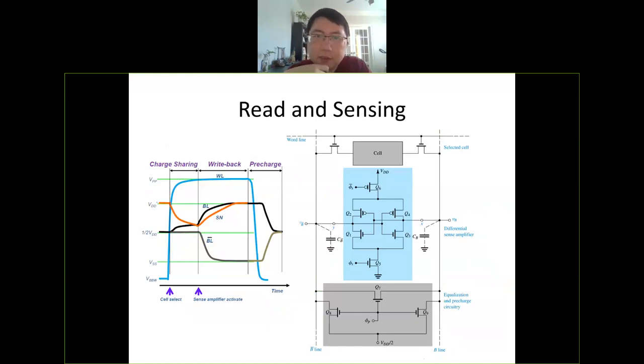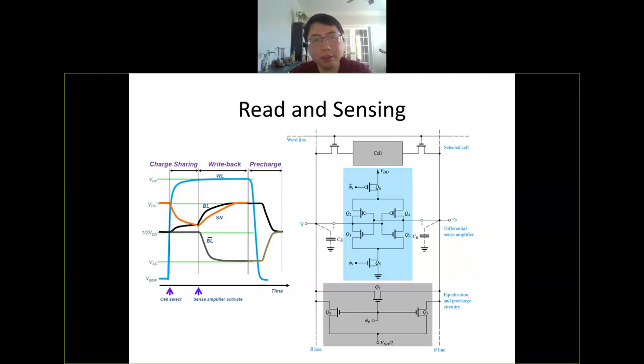So we want to discuss the write-back process in the DRAM. So what does this mean? Here you see that we have this charge sharing process. So the voltage on the DRAM cell, its SN node, is decreasing over time.